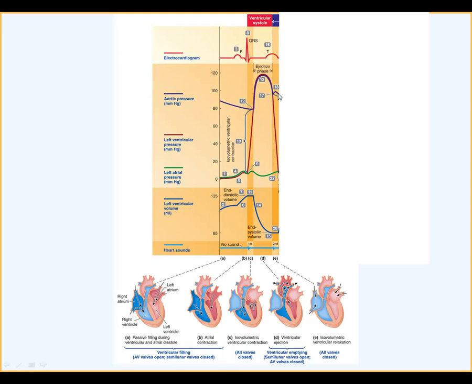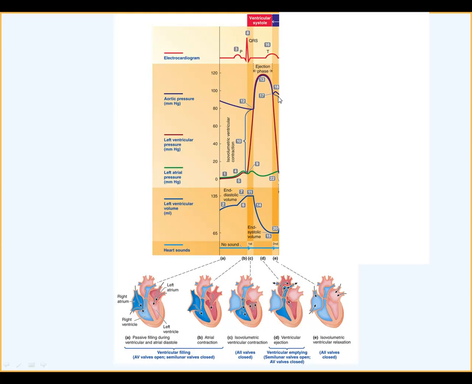You see, the flow of volumes always follows the pressure gradient from the area of high pressure to the area of low pressure. And if the pressure here in the aorta exceeds the pressure in the left ventricle, the blood will try to go back from the aorta into the left ventricle. But that is not allowed, because we have something here called the aortic valve.